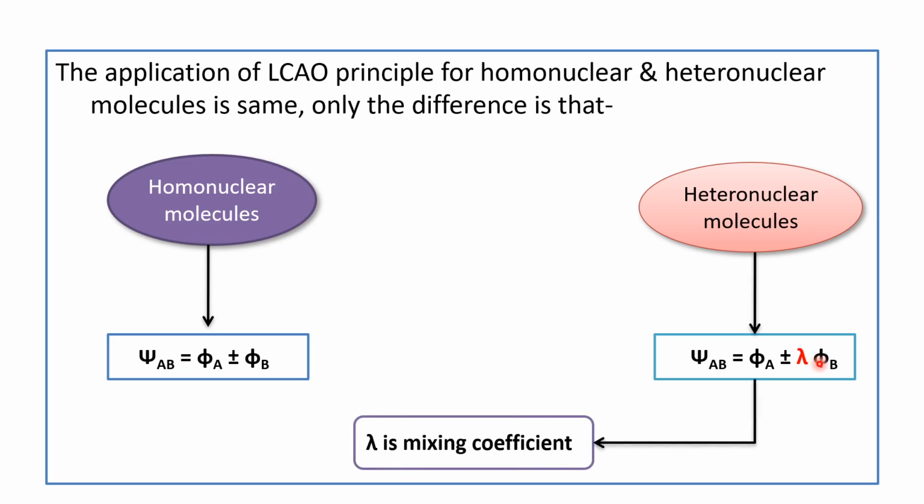In case of homonuclear diatomic molecules, lambda is 1, that's why we have the first equation. Whereas in case of the heteronuclear diatomic molecules, lambda is generally not equal to 1. That's why we have the equation psi AB equals phi A plus minus lambda phi B.